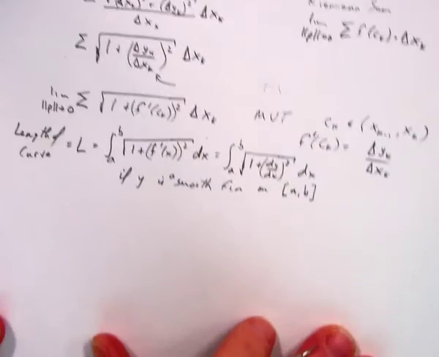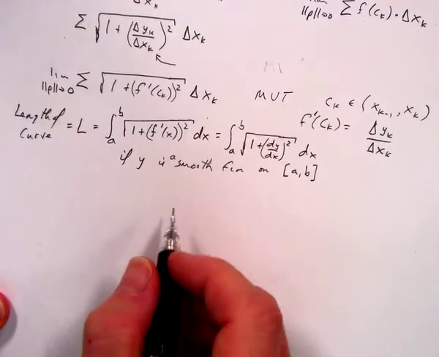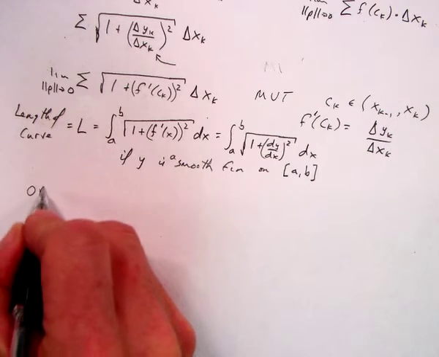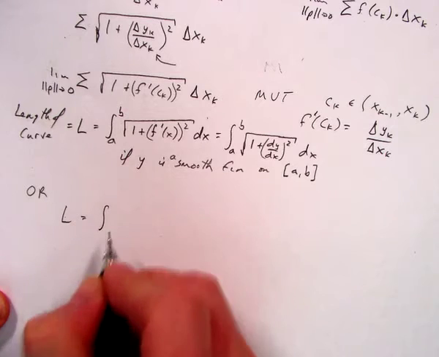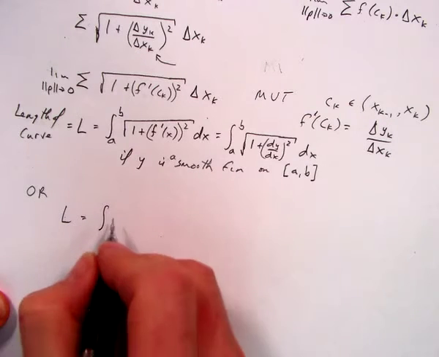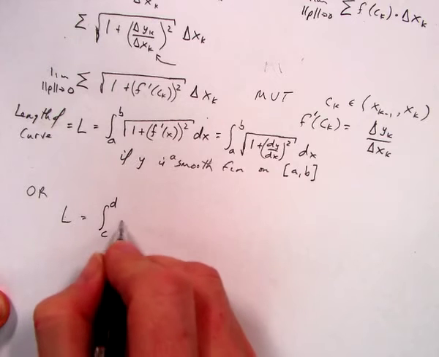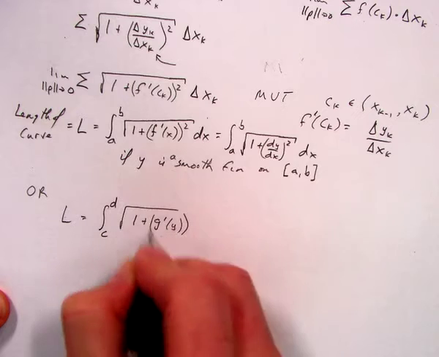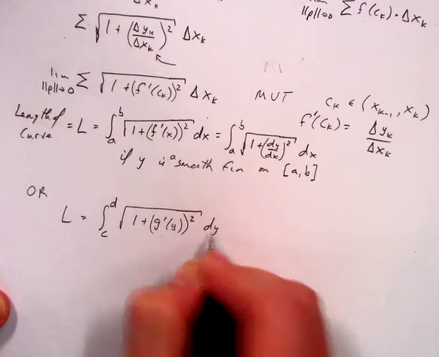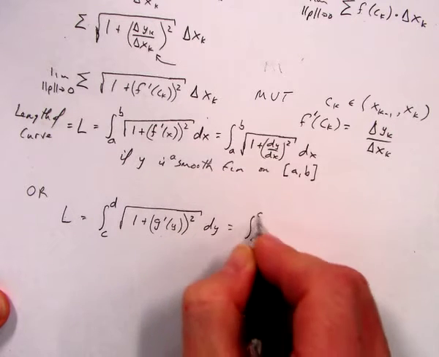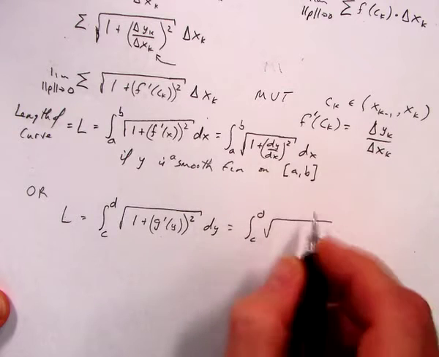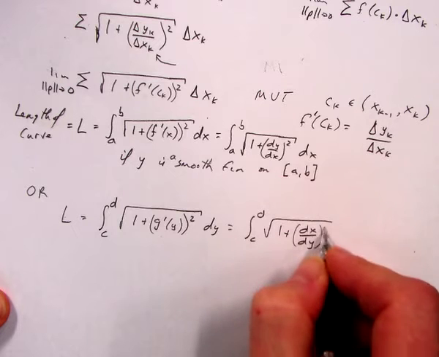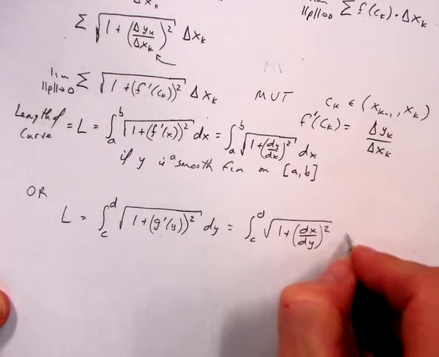You can repeat this and go through the exact same steps, but instead of dividing by delta x sub k, we'd divide by delta y sub k, and when we repeat it, we could say L equals, in terms of y, the integral from c to d of 1 plus g prime of y quantity squared dy, or probably a better form for us to write it is 1 plus dx dy, so we're taking the derivative of x with respect to y, and then dy.